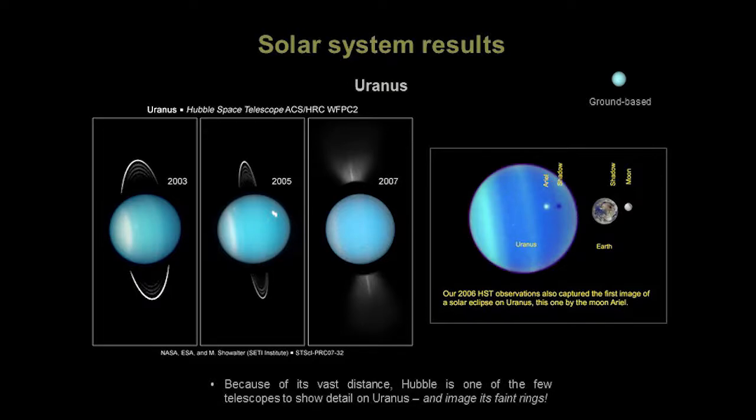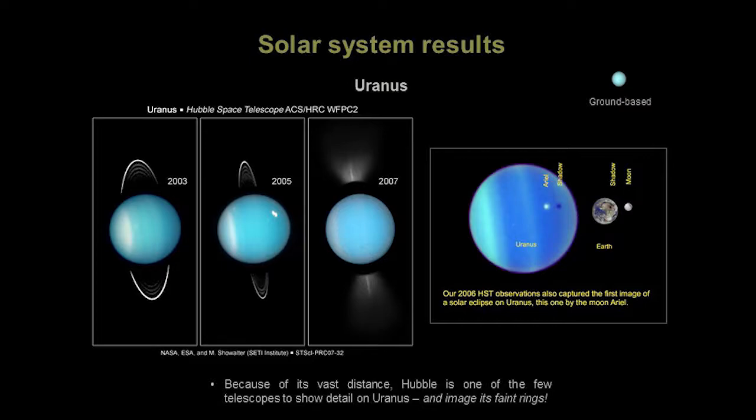On the left, we see again a sequence of 3 images taken over several years showing again something similar as we discussed, that Uranus appears to change its orientation from Earth because of its orbit and ours. And notice in this case, Hubble is actually able to image the rings of Uranus. Those rings are extremely dark, extremely faint.